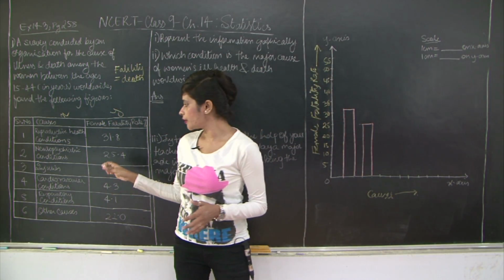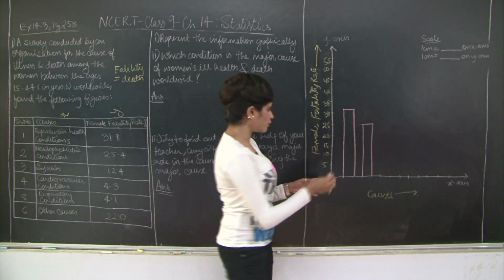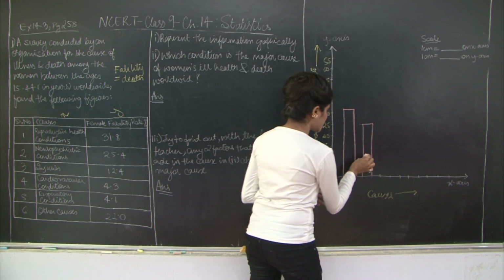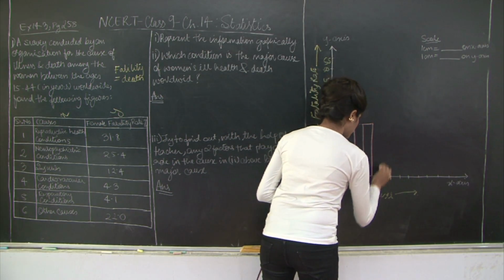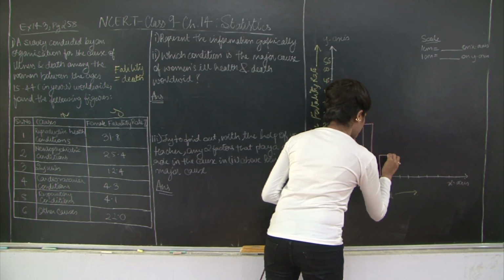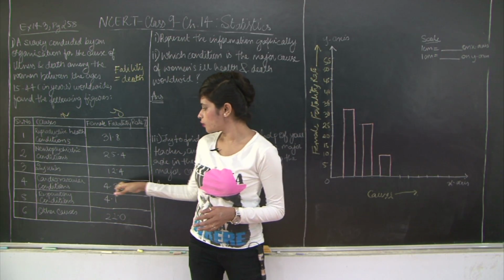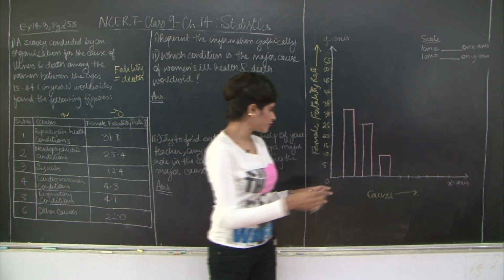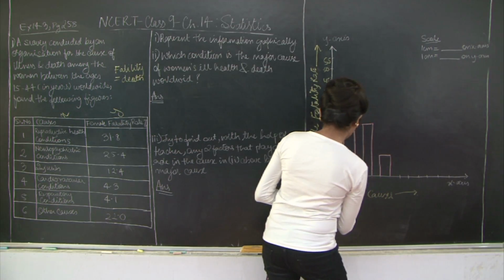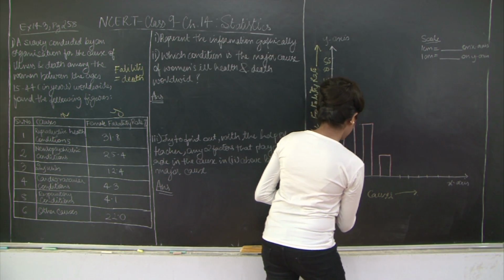Alright. Now the third one is injuries, which is 12.4. So 12.4 will be just above 10. And then we have cardiovascular injuries, which is 4.3. So 4.3 will be somewhere out here.